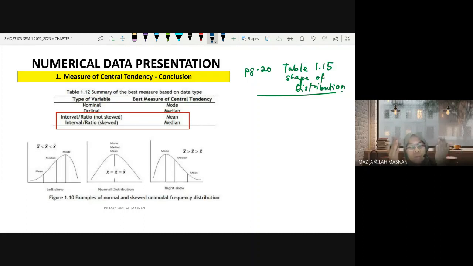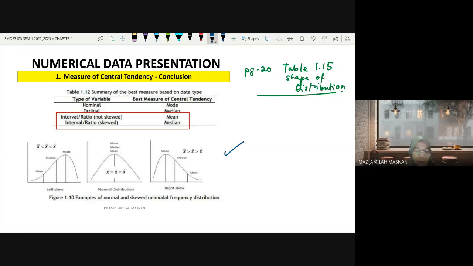Now class, remember when we were talking about measures of central tendency, we were talking about the mean, mode, and median. The location of these three measures will determine the shape of your data distribution. If you look at Table 1.15, I'm sorry because I did not snap a picture of that table, you can relate it to this particular figure.